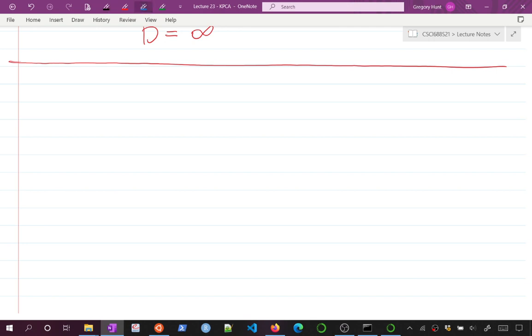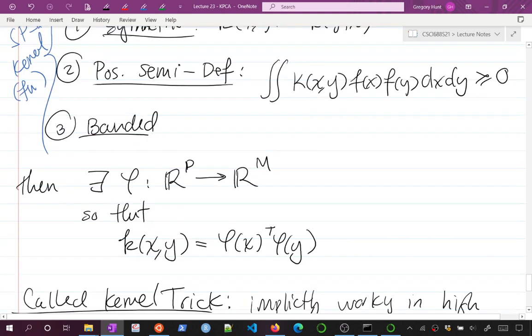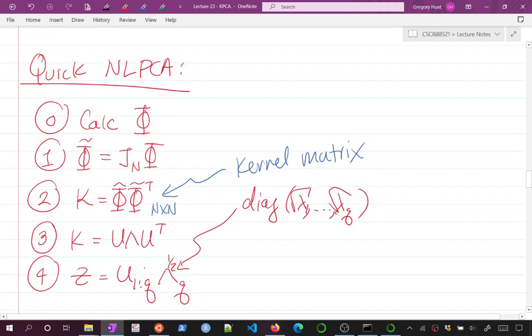So the last thing I should talk about before I write down the KPCA algorithm is centering. I've kind of avoided centering. Really what we did was we wanted to calculate phi tilde, where we multiplied our centering matrix on the left by our embedding matrix. We did this for nonlinear PCA, which you can literally do because you actually calculate the embedding. Let's go back to my nonlinear PCA algorithm.